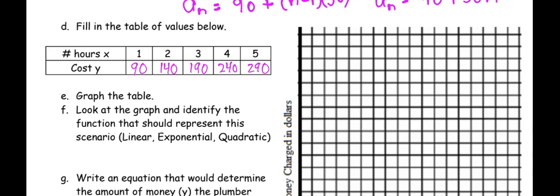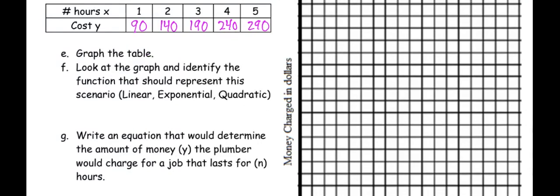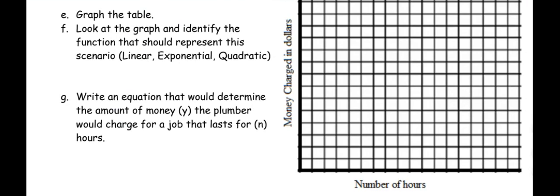Now it says graph the table. So I have a graph here, and I'm trying to graph these values on my grid. I have 5 hours. That means I can set up the x axis for me to be able to graph.